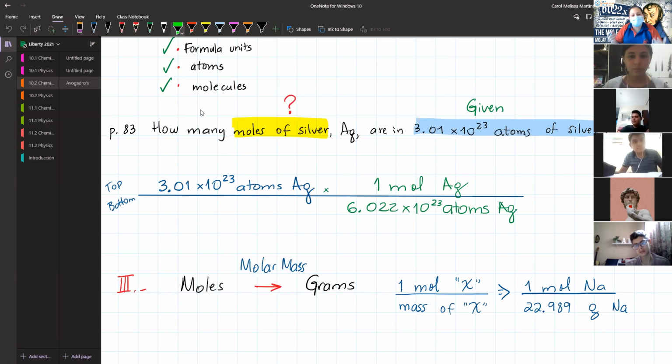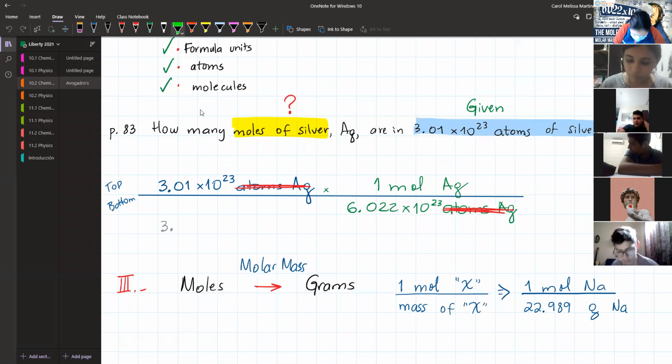Now, how are you going to do this in your calculator? Before we go into that, we need to check that we can cancel atoms of silver with atoms of silver. And in your calculator, this will be 3.01, and instead of times 10, you're going to use the key x and then the power 23.